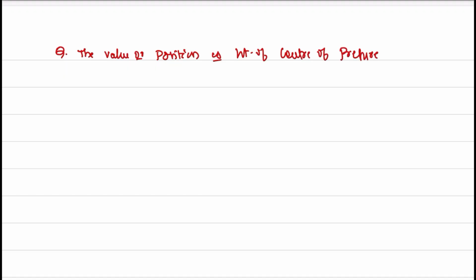That question is directly asked in Staff Selection or GATE. The question is: the value or position or height of the center of pressure in a fully submerged vertical surface is, A.